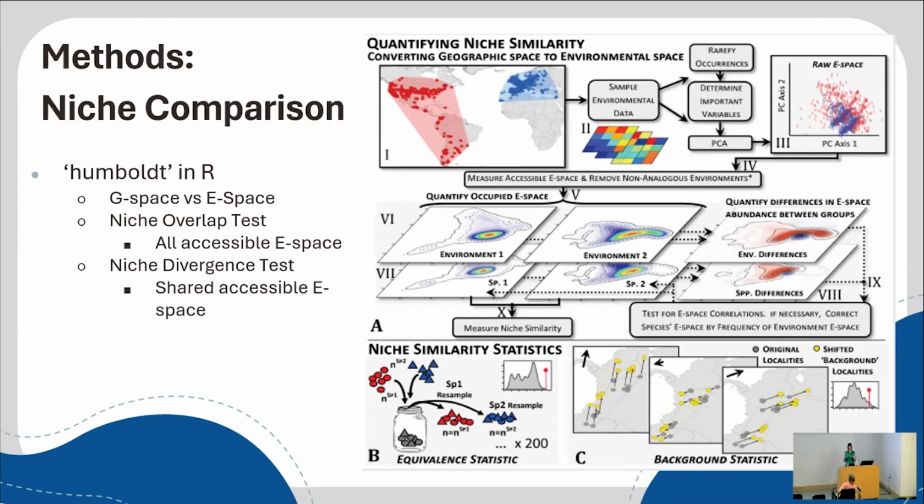And so what this says is, when looked at the values that these two species share, do they have a divergent niche? It's not just if they're living in two different spaces, they have access to two different environments, they're going to have two different niches because they have access to two different environments. When given the same environmental variables, do these have two fundamentally different niches?